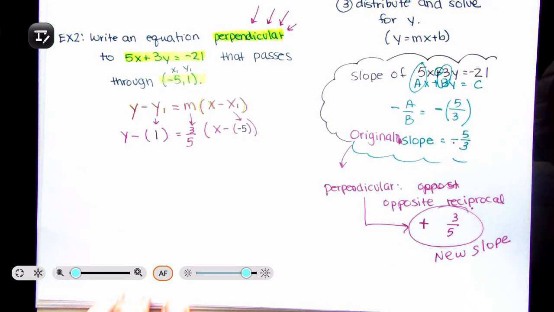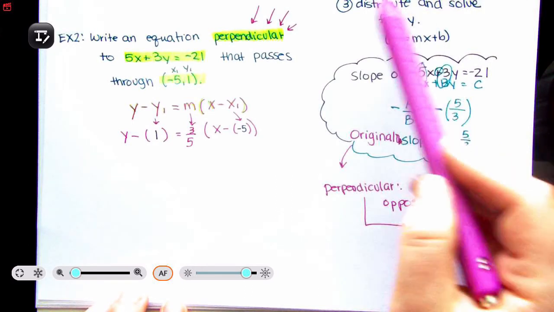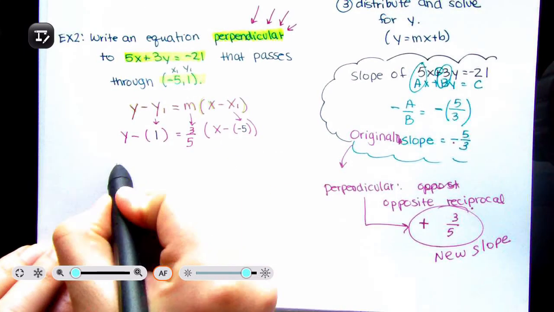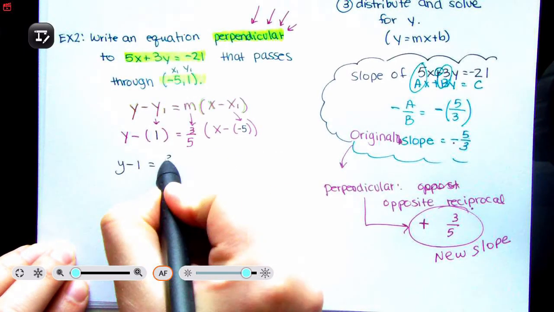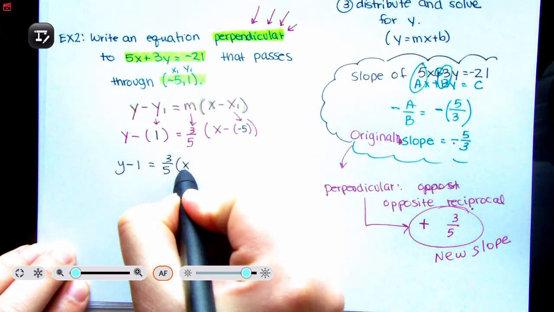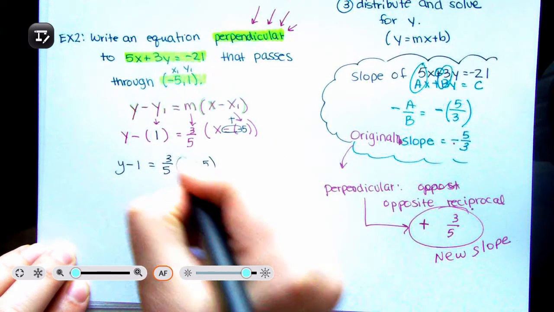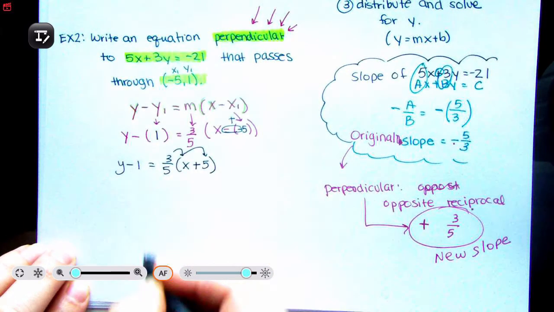And then now we're back to the original steps here. Step number 3, distribute and solve for y. So let's distribute our 3/5. So I have y minus 1 is equal to 3/5 x. Again, if you can circle it, it makes it a plus. Distribute our fraction. Don't let that scare you. Just write it out.